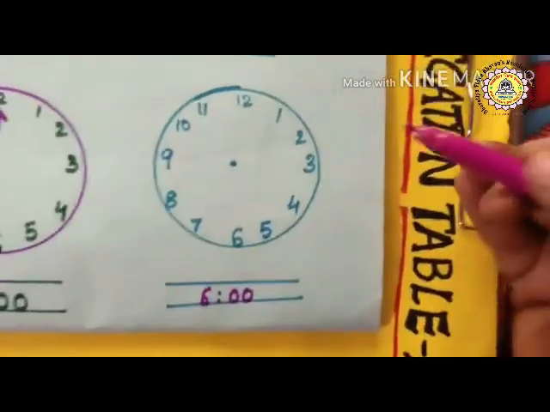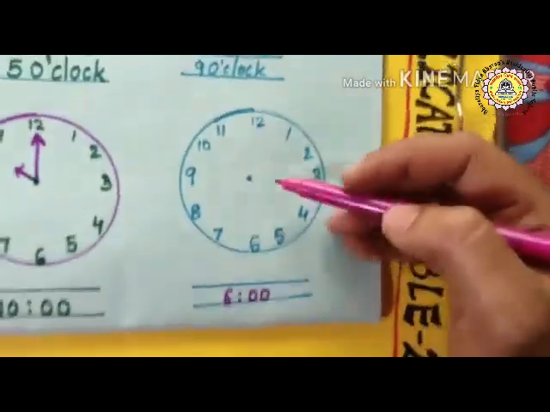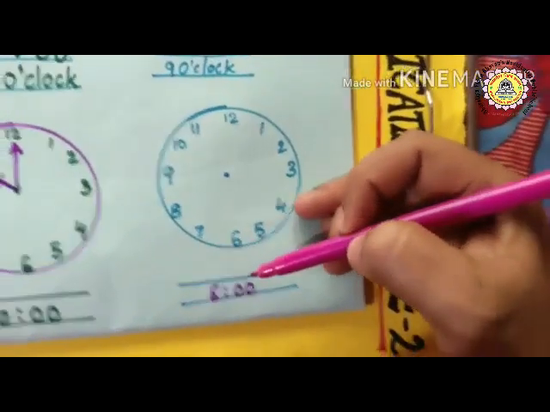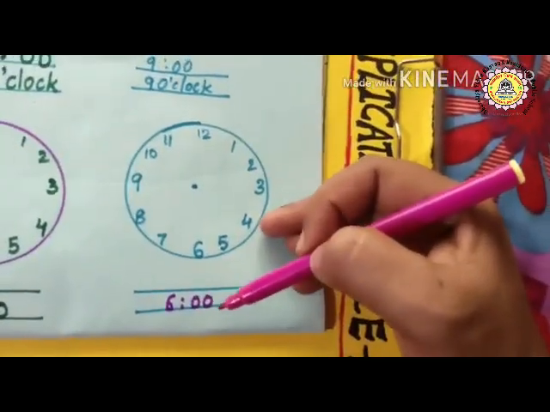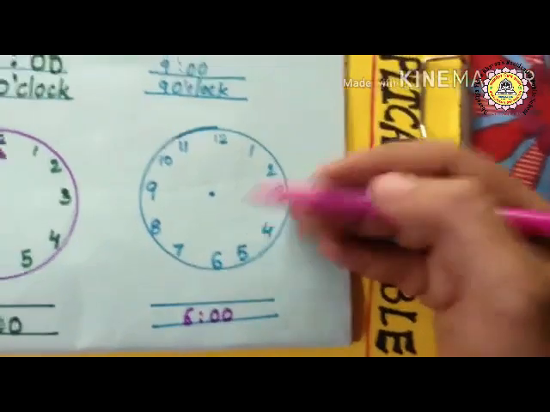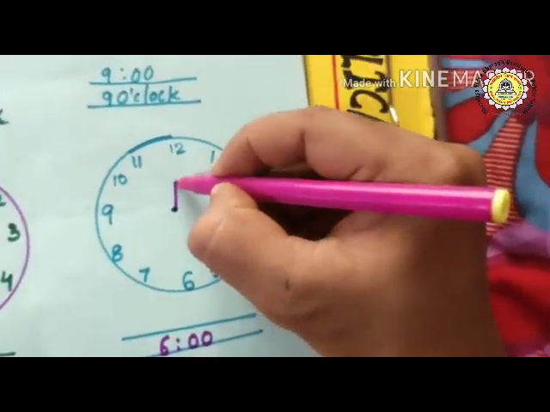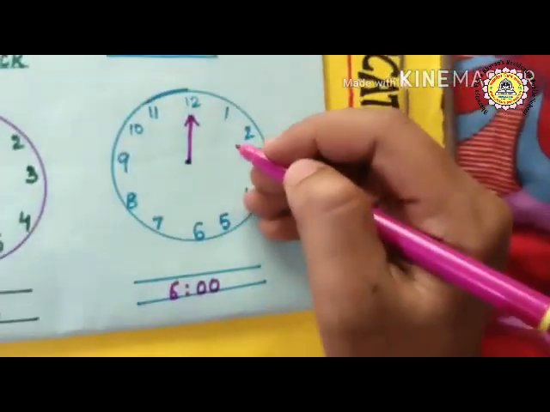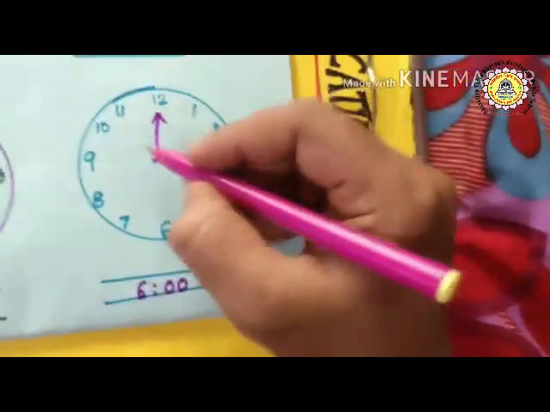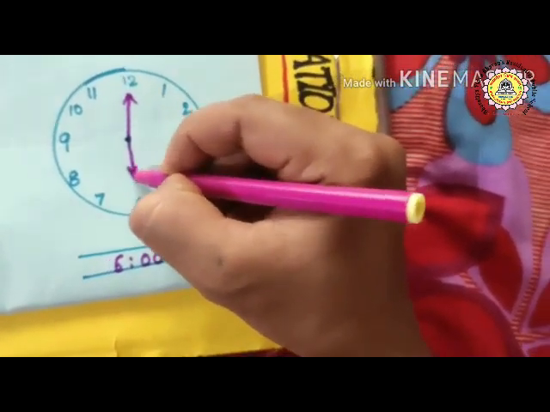Now see this clock, children. Are there hands in the clock? No. So we have to draw the hands for this clock. So what is the time? They have given 6 o'clock. So we have to draw long hand towards 12 and hour hand pointing to 6.